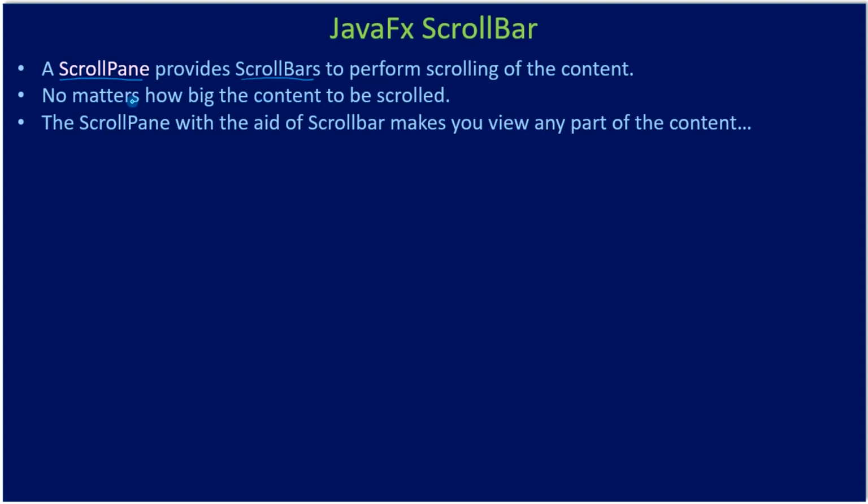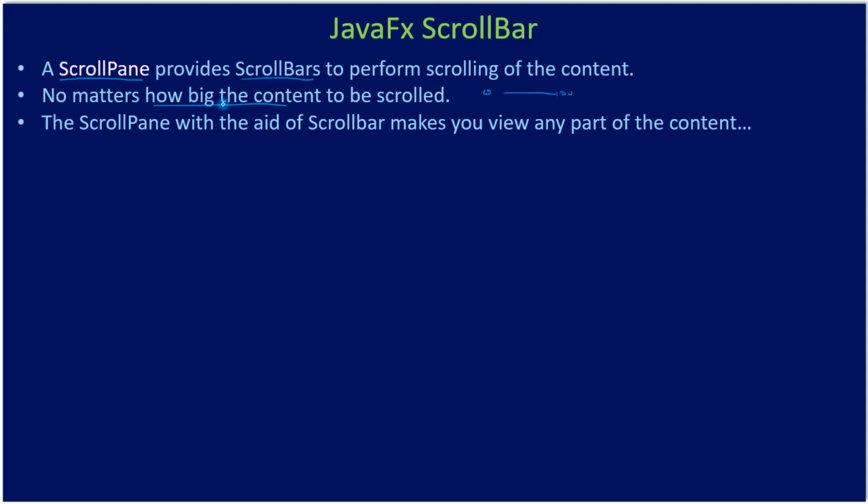So that's why here we are stating no matter how big the content is, using the scroll bar we can scroll the content. And since we are going to use the ScrollPane, it will take care of what is the min and max value that needs to be set on the scroll bar which is equipped with the ScrollPane.